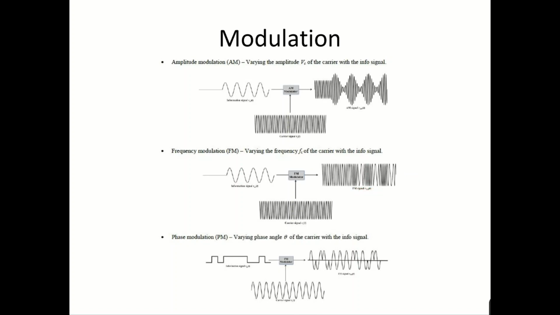And this actually appears to be digital modulation or digital frequency modulation for this example. And then we have phase modulation here. Phase modulator, we see that that phase is shifted every once in a while. Here the information wave is actually shown as digital pulses. Again, this looks like another digital example.